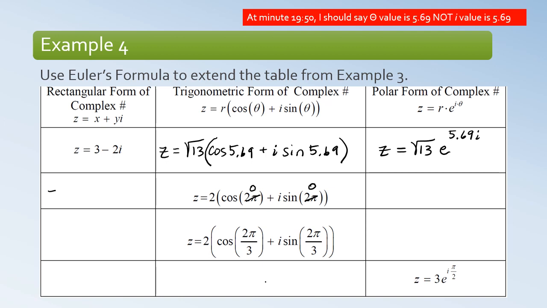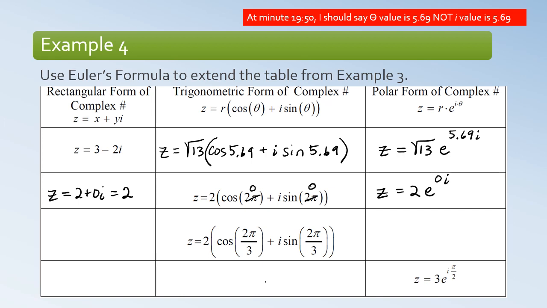For row 2, we saw the radius of 2, and of course we changed theta to a 0. And so in rectangular form, that gave me z equals 2 plus 0i, or just z equals 2. In polar form, this would be z equals my radius times e to the 0i.